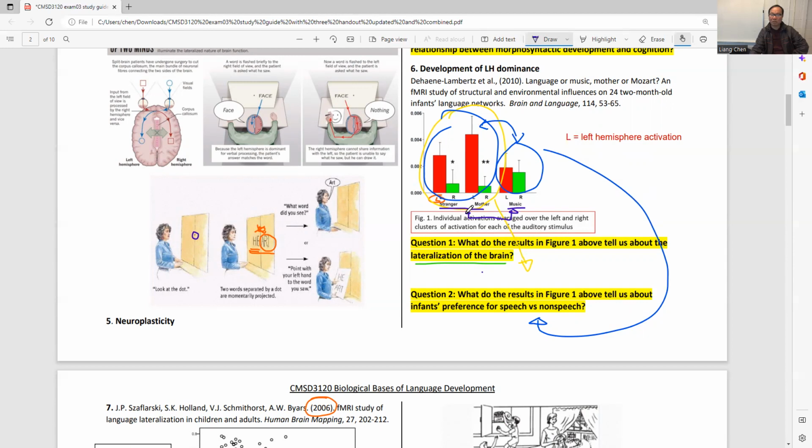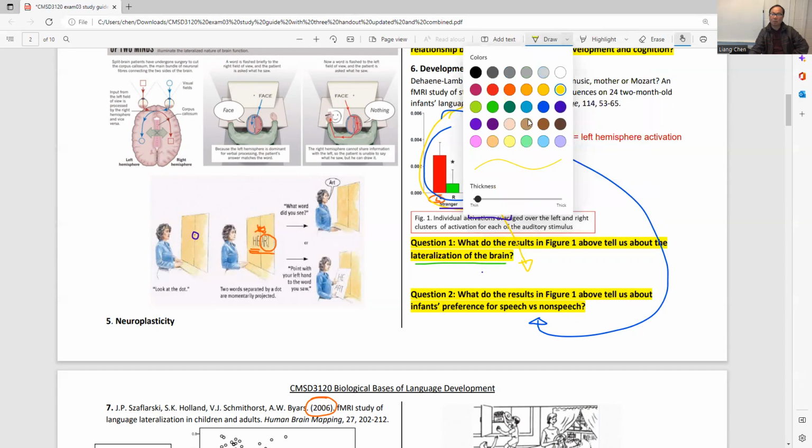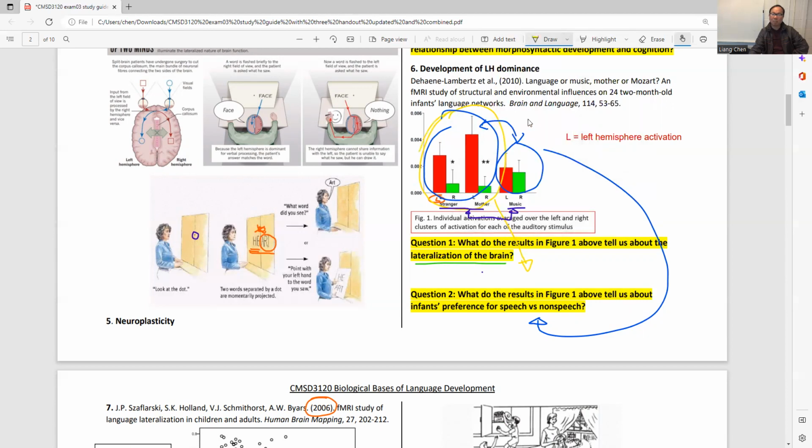To answer question 1, you need to compare these two conditions. You need to compare modest speech versus stranger speech, the left hemisphere and the right hemisphere activation, because these are all about language.